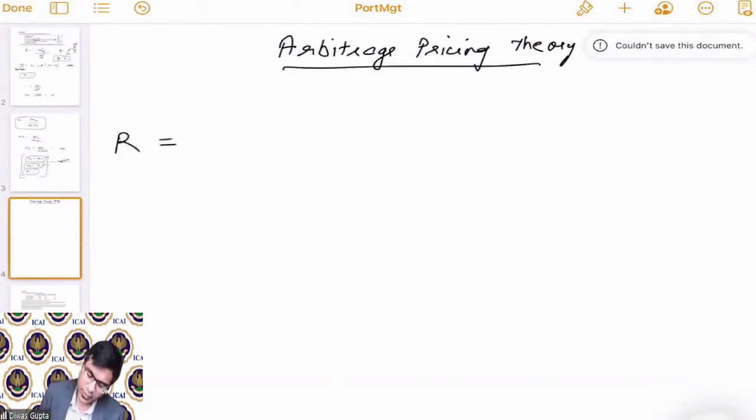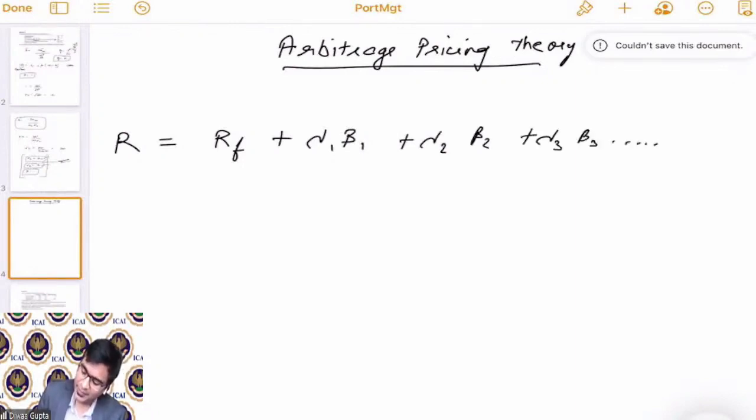R is equal to RF plus factor 1 beta 1, factor 2 beta 2, and so on up to factor n and beta n.